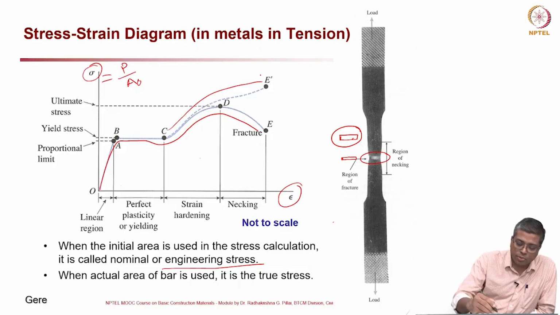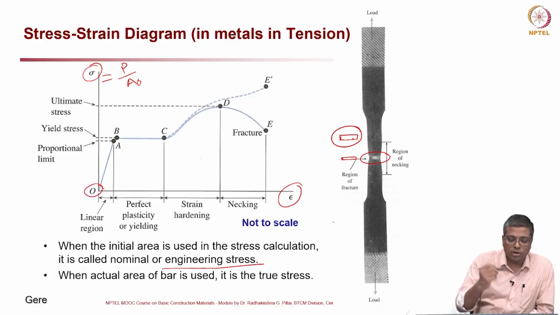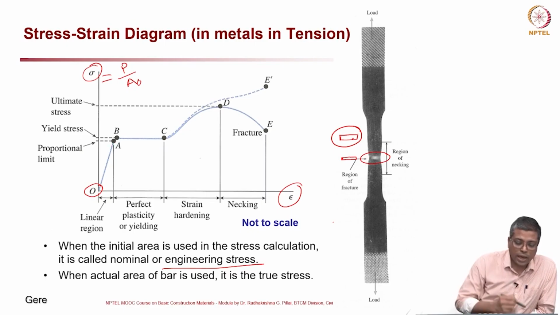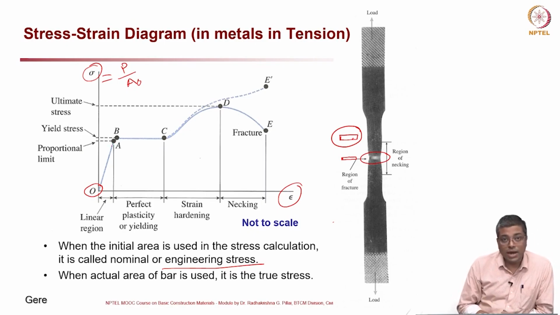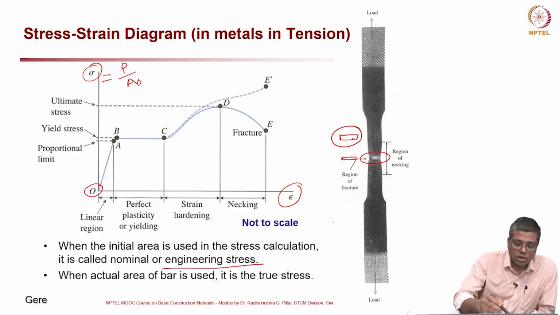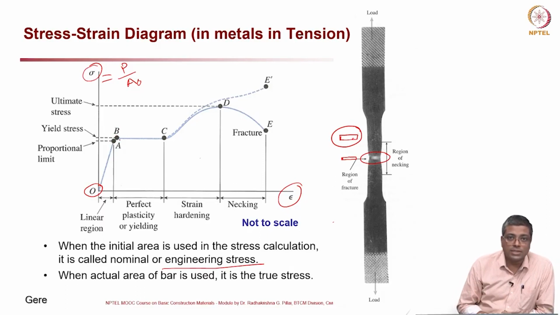Now, let us see the different points or portions in this stress strain graph. Here is the origin, the point of application at the beginning, and then you have a point A which is called proportional limit. That means from O up to point A, it is a straight line. It follows Hooke's law. Then at point B is what we call yield strength.